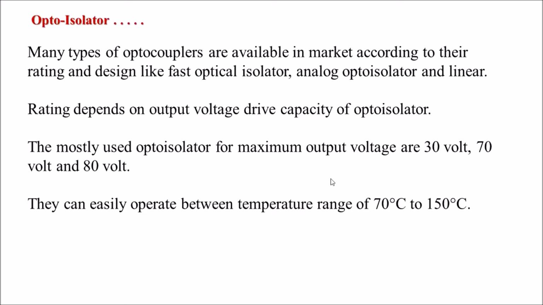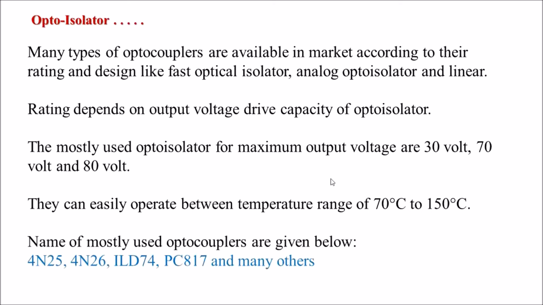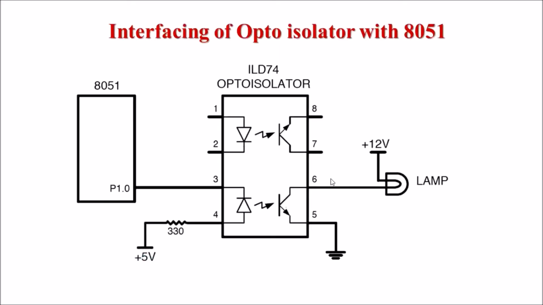They can easily operate in the temperature range of 70 degrees centigrade to 150 degrees centigrade. The most commonly used opto isolators are 4N25, 4N26, ILD74, PC817, and many more are available. As per our application, we can select these opto isolators.